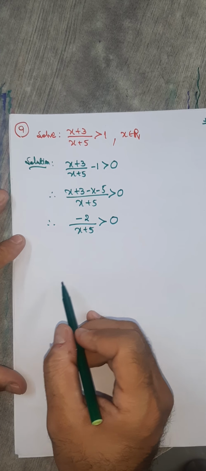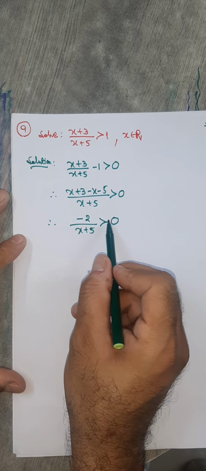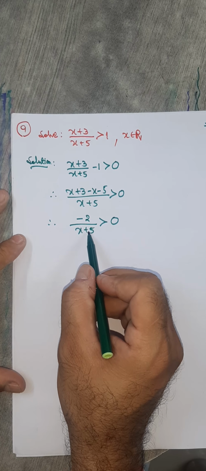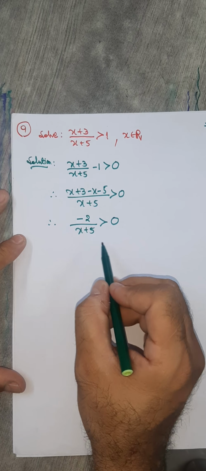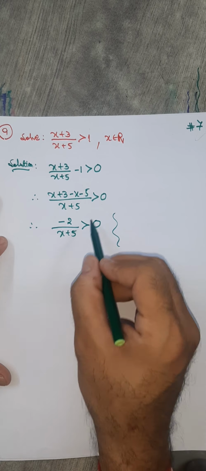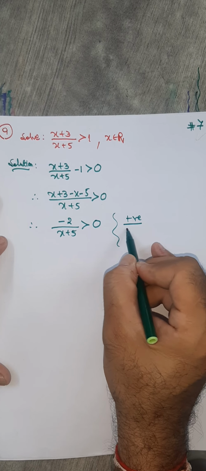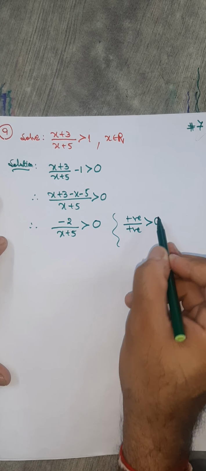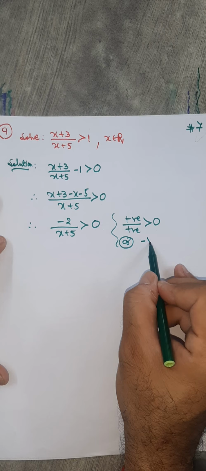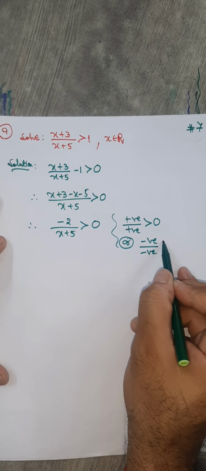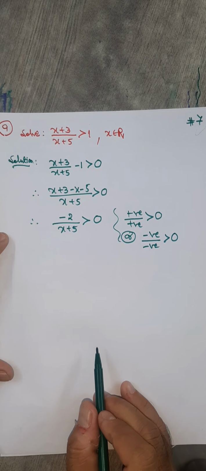Now again a ratio, remember. When this is positive, both are negative or both are positive, remember. There are indirectly two possibilities. If the numerator is positive and the denominator is positive, the entire expression is positive. Or if both are negative, then the entire expression is positive.